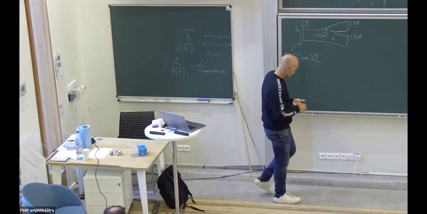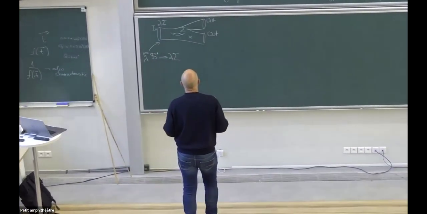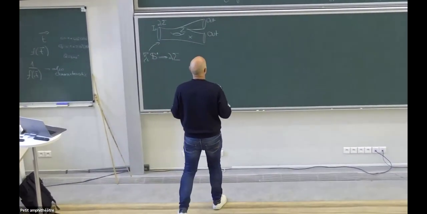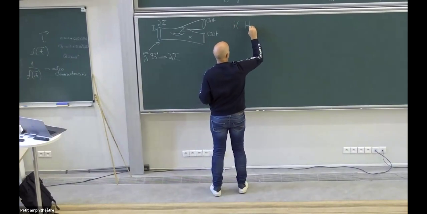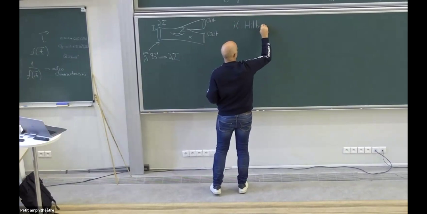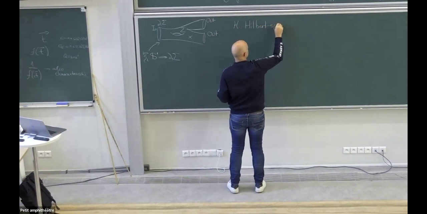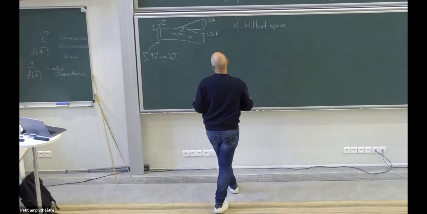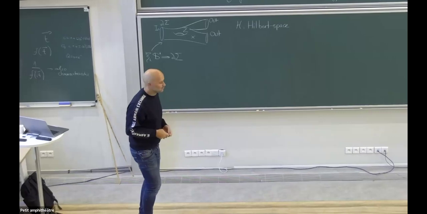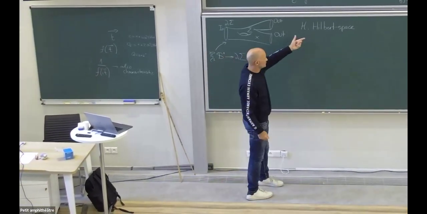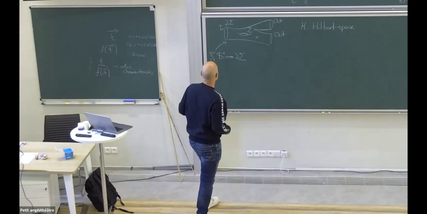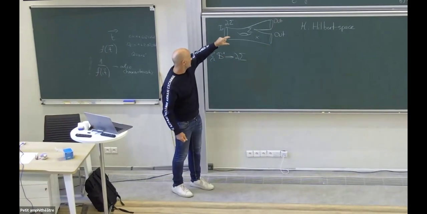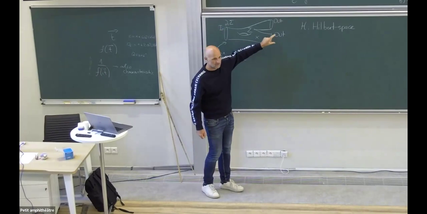Okay, so in Segal's axioms, you will have a Hilbert space. For now, it's a general setup. If you want to prove that you have a CFT, in some way you have to specify this data. Okay, so you have a Hilbert space, and you will attach a copy of this Hilbert space to each boundary component.